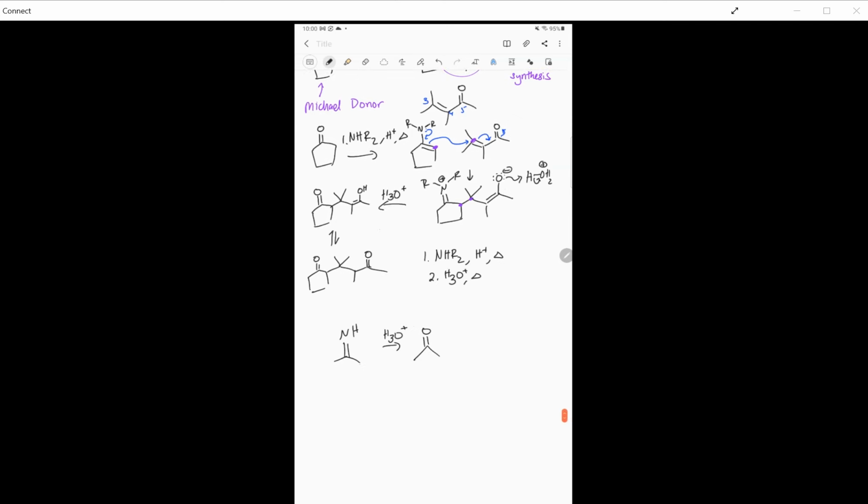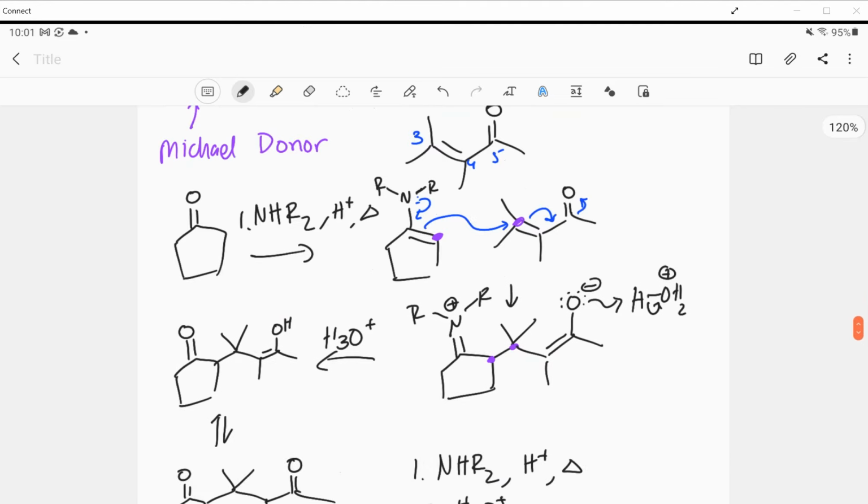How that works, you end up protonating first. And then water can come in, open it up. So you now have both the amine and the water. Here, let me move it a little bit bigger.